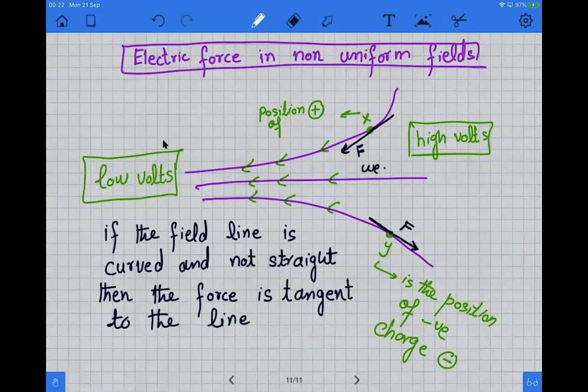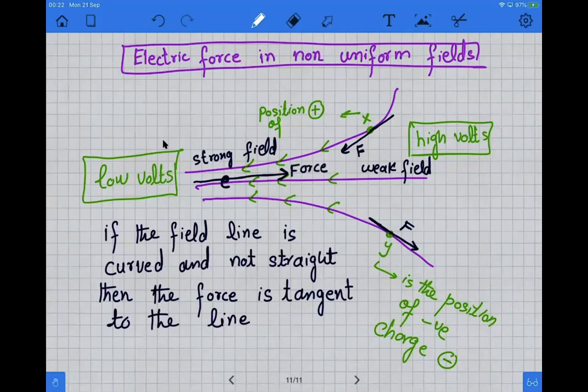Here we have a weak field because the lines have more spacing, and here we have a strong field. Now for example, if you get a negative charge here, then the force will have a high magnitude, and this force will be opposite to the electric field.